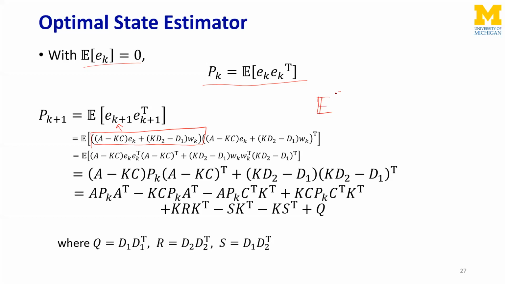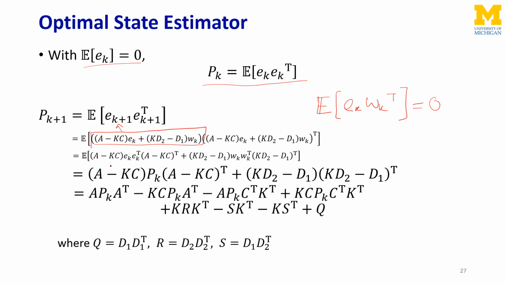Anyway, the expected value of E_k times W_k is going to be 0 because, like I said, the error and the noise at step k are independent of each other. So we drop any term which looks like this.